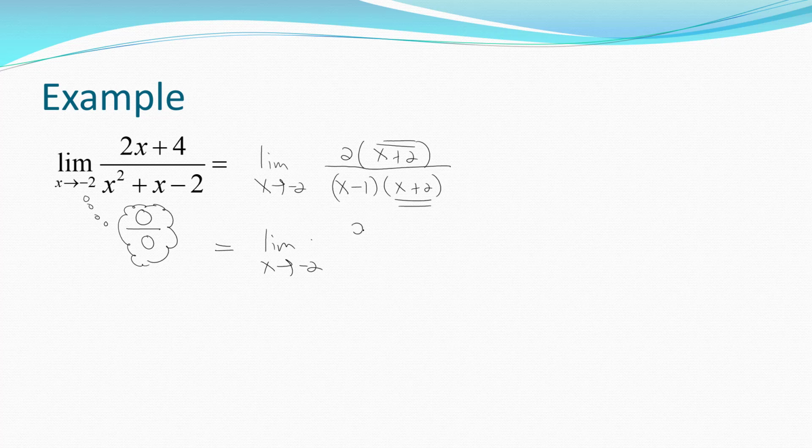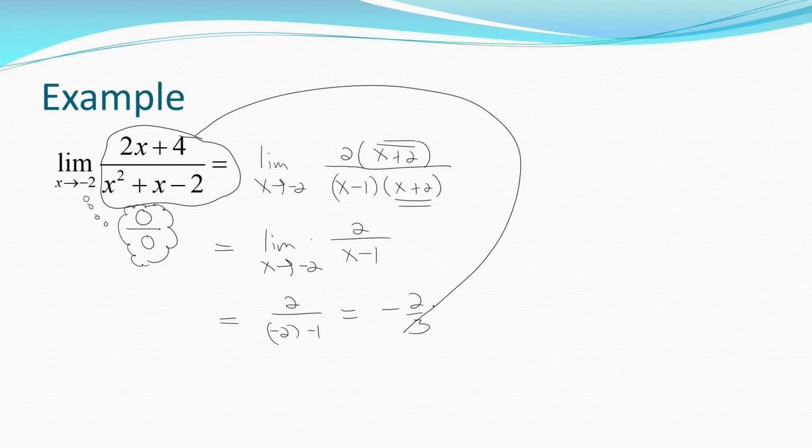So I can cancel them, resulting in an equivalent function for the range of values I'm interested in, which is everything but -2. This is now a limit of a rational function again, but this time -2 is in the domain, so I can plug in -2. I would get 2 over -2 minus 1. That would be -2/3. So this function's values can be forced to be as close as I want to -2/3 by just restricting x to be close enough to -2.